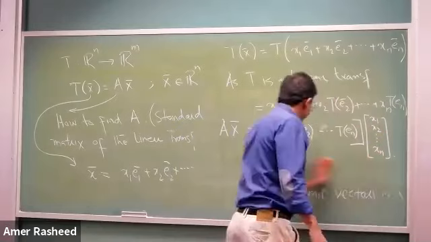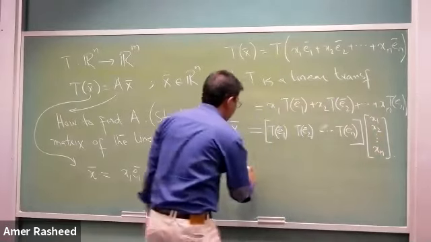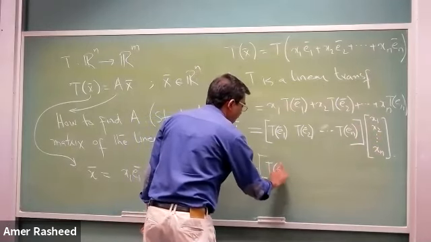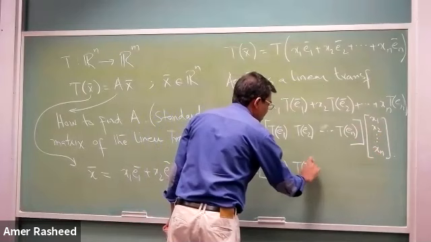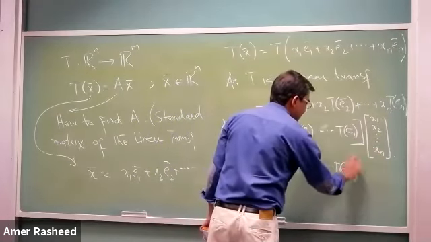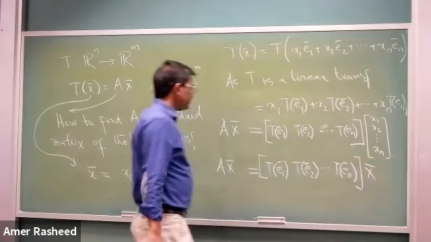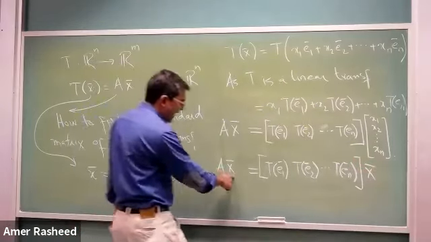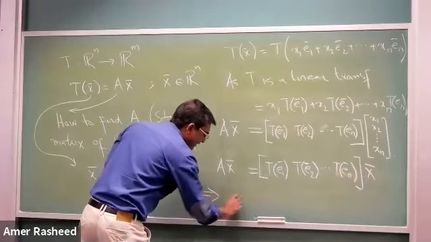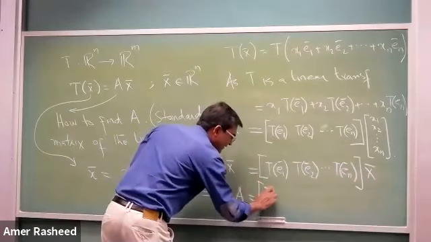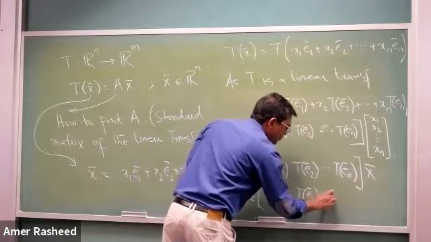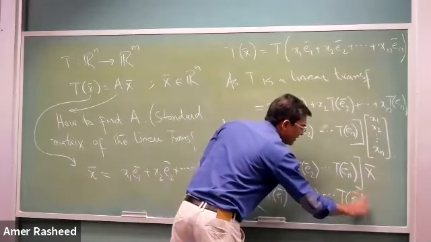What we can write here is that A times x is equal to T of E1, T of E2, so on, T of En times x. Now, if this x and this x are the same, then what we can say is that A is T of E1, T of E2, so on, T of En.